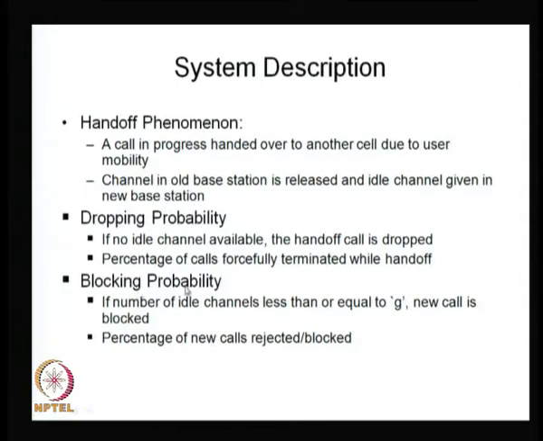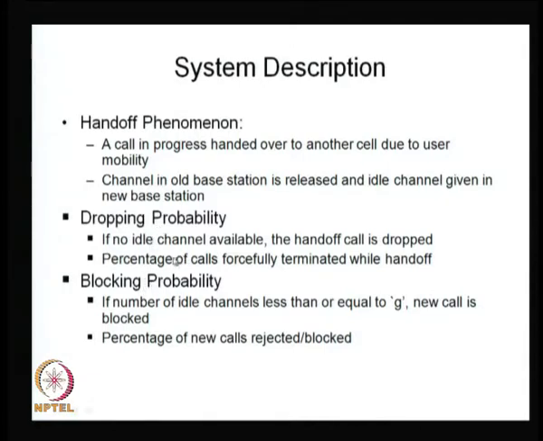The blocking probability is the probability that the new calls are blocked because the number of idle channels is less than or equal to G. Once we are able to find these two performance measures, one can design better cells: for a given number of channels, how we can reduce the blocking probability as well as the dropping probability.